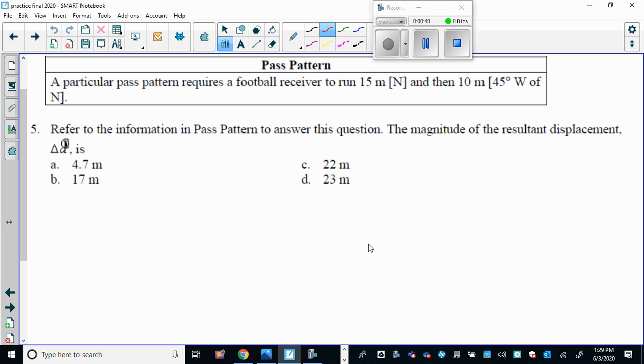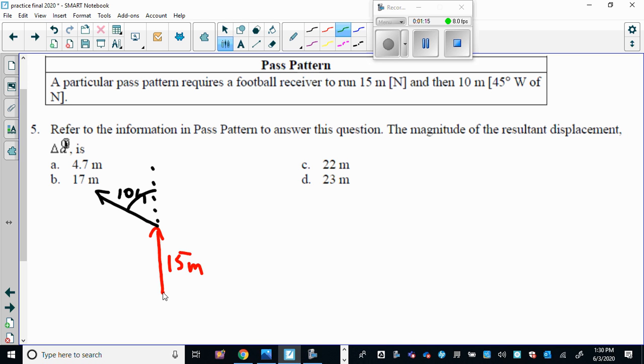First we're going 15 meters north. It always makes it a little simpler if one of them is due north or due east or due west or due south. And then 10 meters 45 degrees west of north. So 45 degrees west of north would be like that, and that's 10 meters.